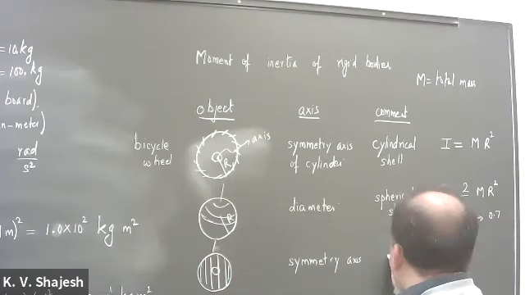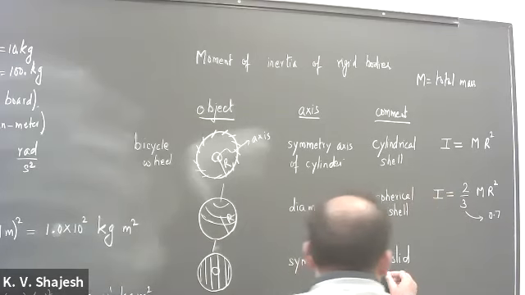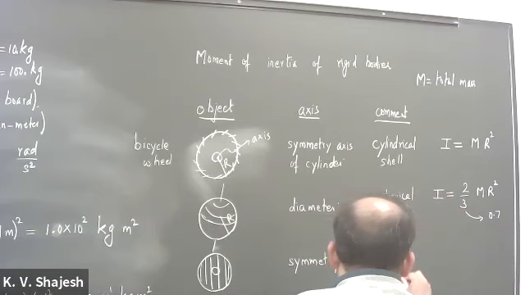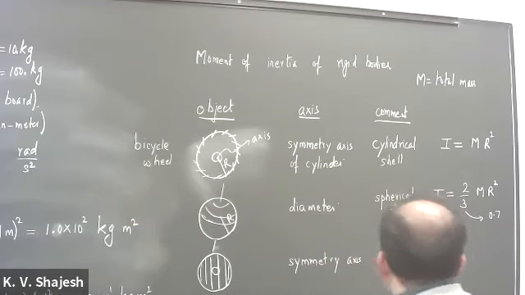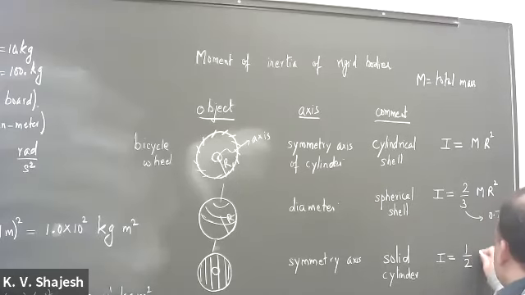And the moment of inertia for a solid cylinder is 1/2 MR squared.